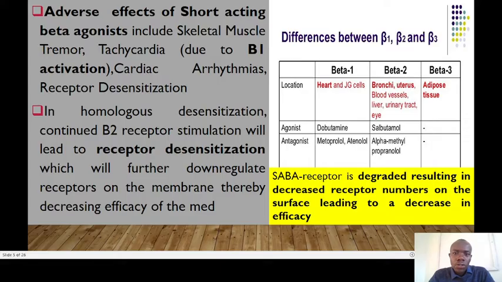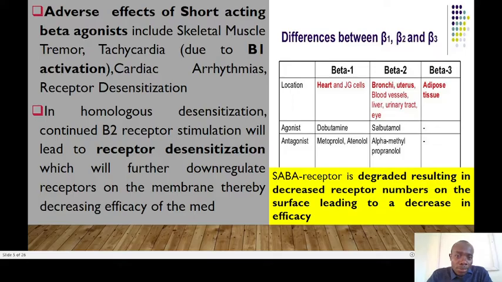Alright, so we could also have skeletal muscle tremors, cardiac arrhythmias, and receptor desensitization. Okay, in homologous desensitization, we have continued beta 2 stimulation, which could lead to receptor desensitization, which now further leads to downregulation of receptors on the membrane, thereby decreasing the efficiency of this very SABA.